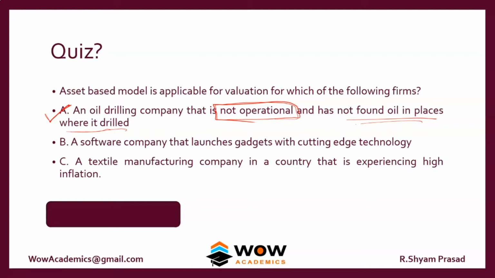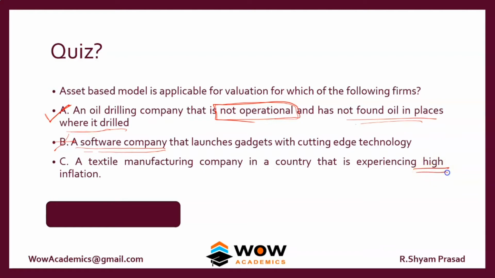have is the driller. A software company that launches gadgets with cutting edge technology. So a software company has a lot of intangible assets. So for a company which has more intangible assets, the net asset method is not the right method. A textile manufacturing company in a country that is experiencing high inflation.